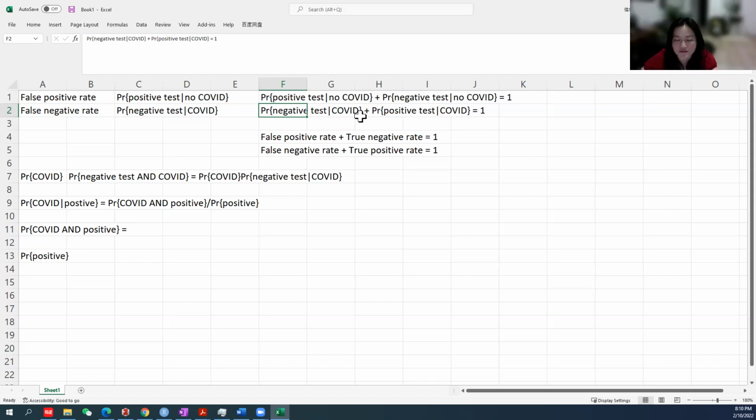False negative, that means if a person actually already has COVID, but gets tested as negative, is that correct? Yes. So what I said is not right. Do make sure to interpret the conditional probability right.